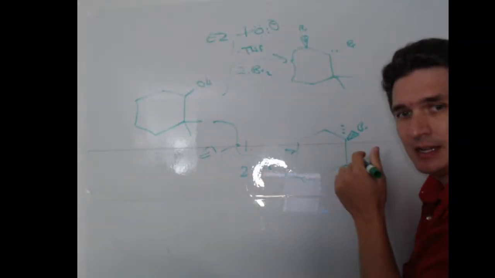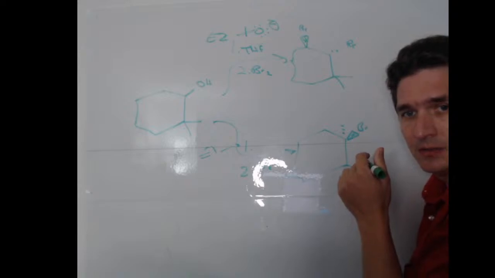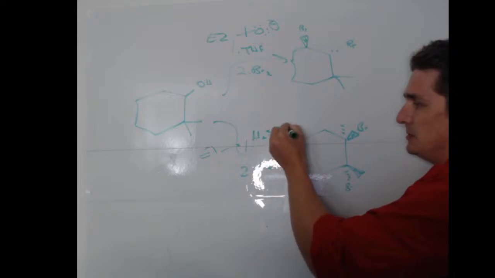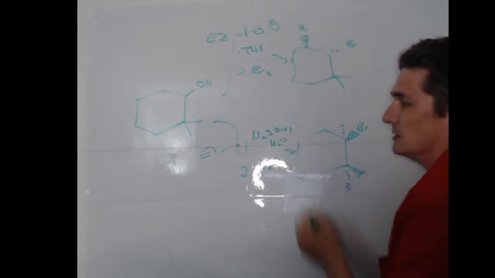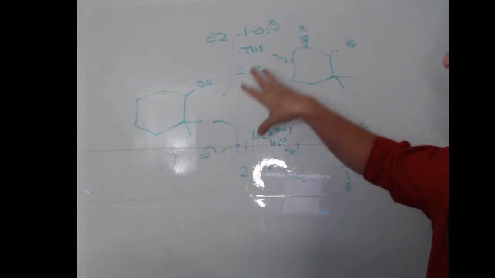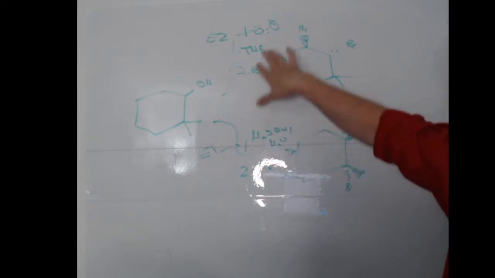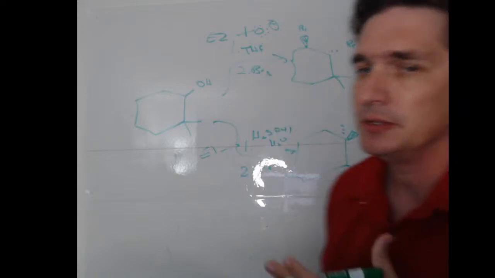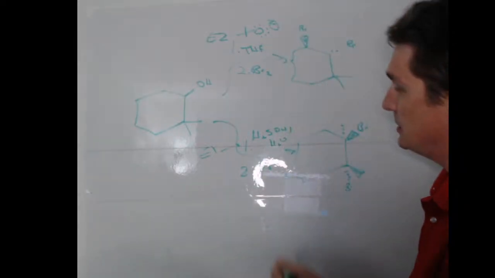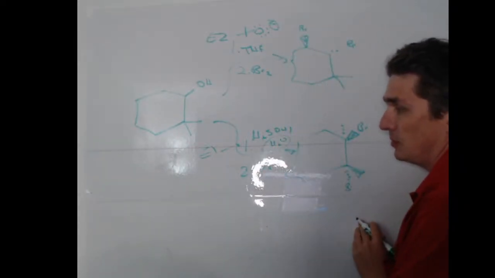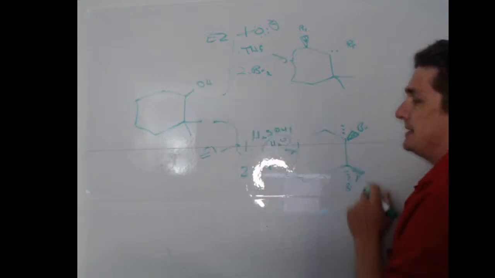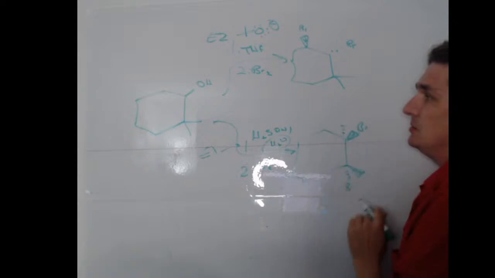Now with this one, for the route 2, I would definitely say that this is a better situation where you do H2SO4 and water, not the tert-butoxide, because the tert-butoxide is a big bulky base, but you are typically going to run into conditions where you really want to favor the E1 mechanism here. And the best way to do that is with a polar protic, high dielectric constant solvent like water. So if you do acid catalyzed dehydration, that'll give you the E1 mechanism.